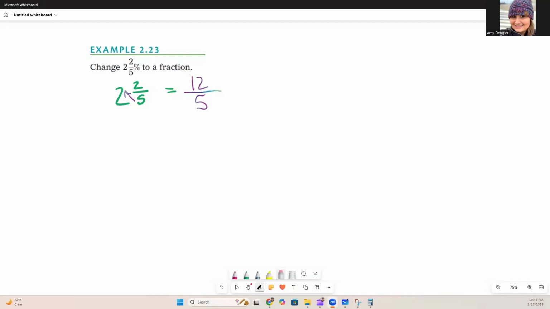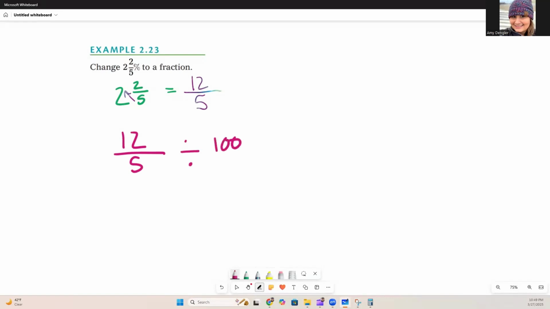All right. So we are going to take that number and divide it by 100 like we would a normal percent to fraction problem. But instead of using our calculator, I am going to rewrite that as 12 over 5 and divide it by 100.